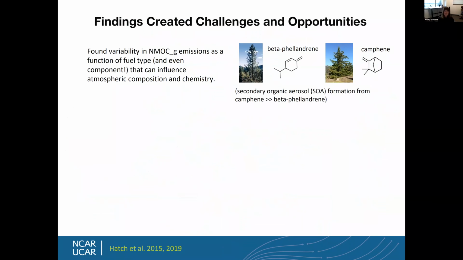Okay, so if we dig in a little bit more, any good bit of research leads to more questions than answers. One of the things that we found when we started out on this journey is that the non-methane organic carbon emissions were highly variable as a function of fuel type, and I think even component. By component, I mean that we saw huge differences in emissions profiles, largely in the lab, but we saw this in the field as well, when you combust litter and soil and canopy versus when you just have litter consumption.